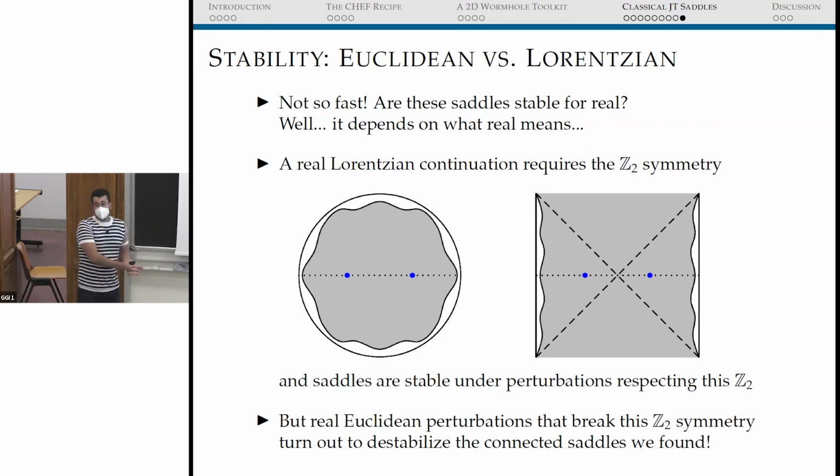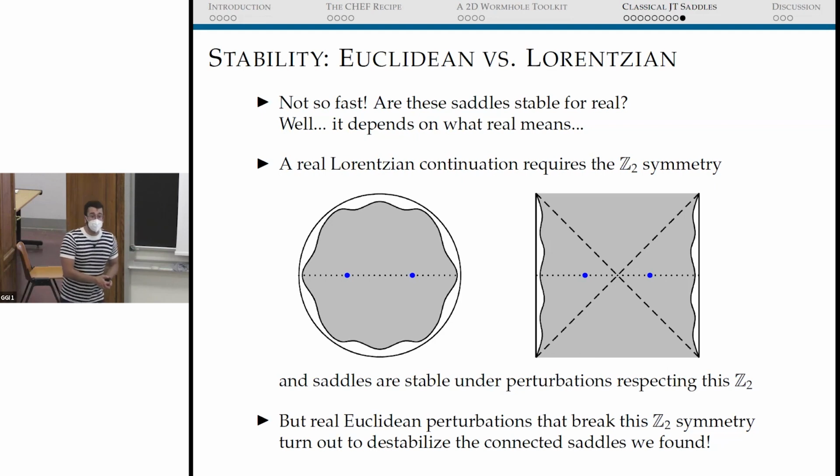And in such cases, we would just conclude that we didn't actually find any stable saddles. So this gets to a very deep question about what are the rules of the gravitational path integral, in particular the Euclidean gravitational path integral. Does it care about whether Lorentzian continuations exist or does it not? And depending on that, we might get completely different answers to certain questions at the saddle point approximation level.